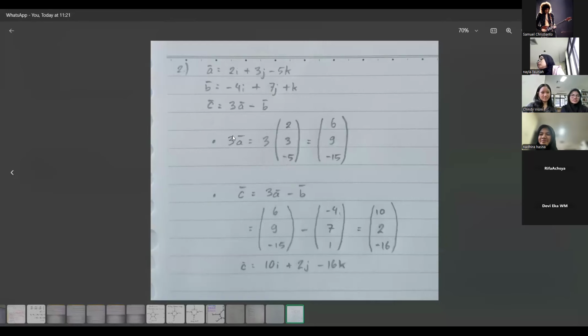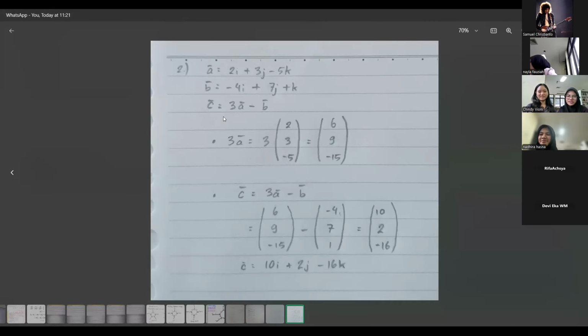In the exercise, vector A is equal to 2i plus 3j minus 5k, and vector B is equal to minus 4i plus 7j plus k.